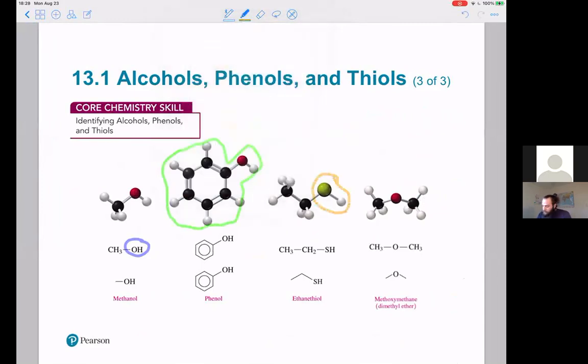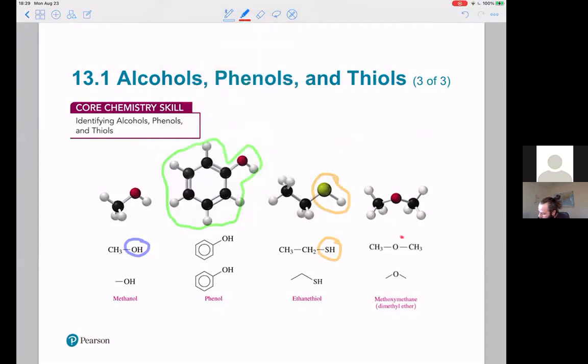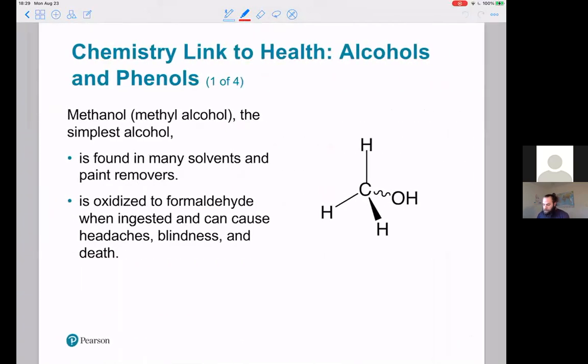Thiols, you have that SH group, a sulfur hydrogen. And then ethers, you have an oxygen single bonded to two different carbons. Okay. So let's talk a little bit more broadly about these because these compounds have a big role in both chemistry as well as medicine.